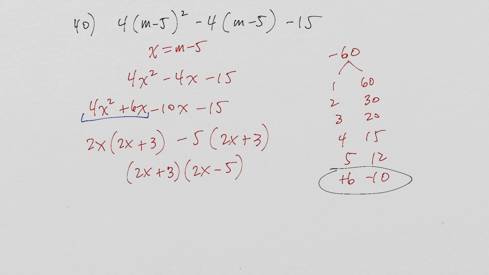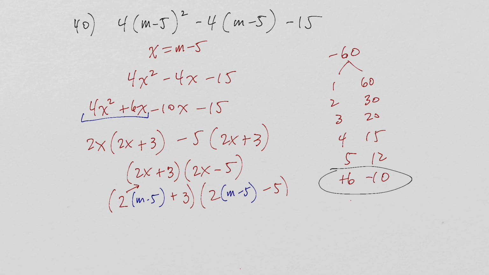But I can't stop here because there's no x in the problem. I have to re-substitute x for m minus 5. So what I've got is 2 times x, which is m minus 5, plus 3 in the first one, and 2 times x, which is, again, m minus 5, minus 5 in the second thing.